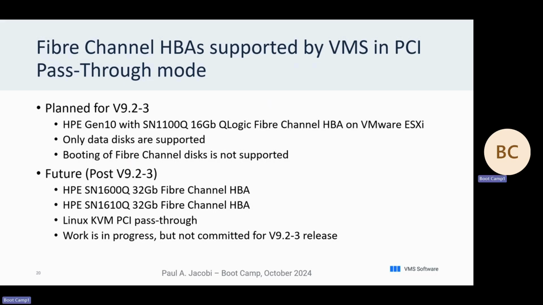In the future, we'd like to support the 1600Q 32 gigabit fiber channel HBA. The good news here is that card is almost identical to the 16 gigabit card, except for this faster speed. So we don't have to make any changes, or very minimal changes to PGQ drivers to support that card.